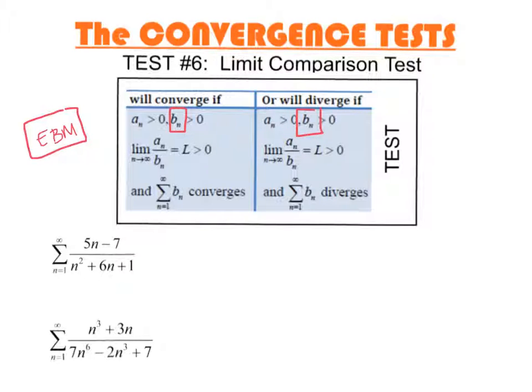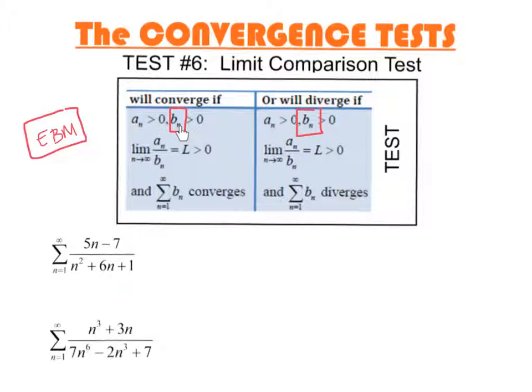So you'll notice, first of all, that we should be talking about positive terms. And what we're going to do is create an end behavior model, take our original series, divide it by the end behavior series, and find the limit. Essentially, if we can get the limit to be greater than 0, then there's agreement.